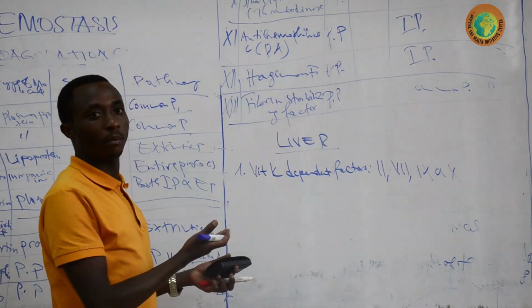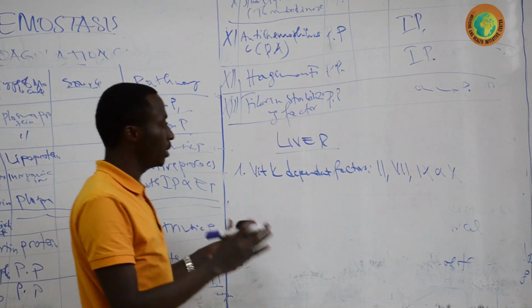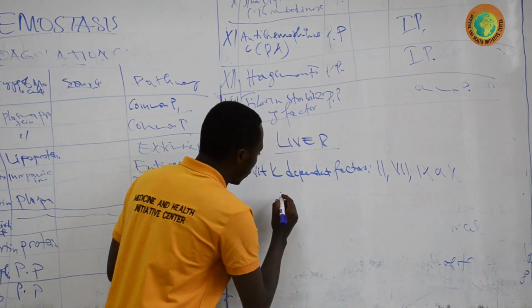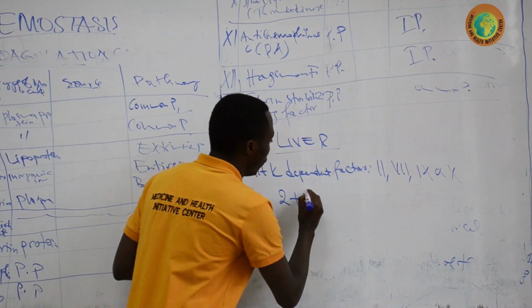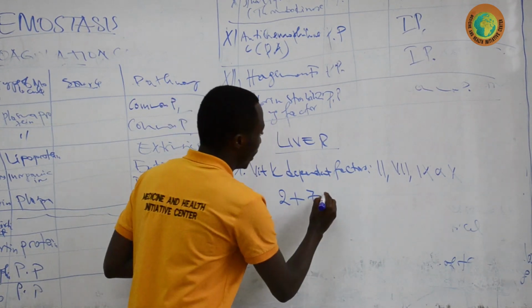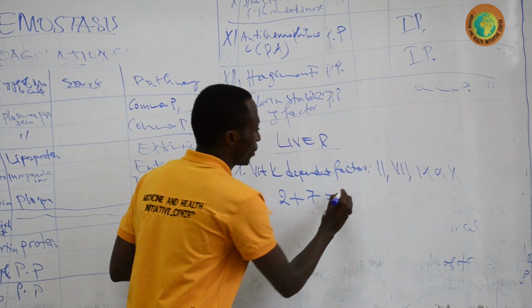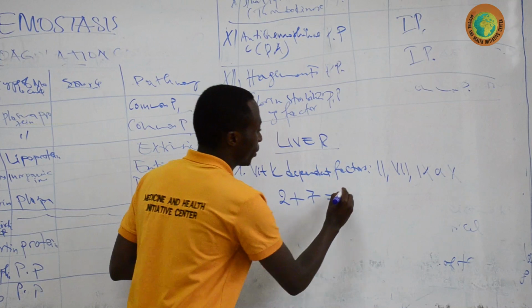Not easy to remember them, but it's very easy with a formula. Factor 2 plus factor 7 is equal to factor 9, not factor 10.